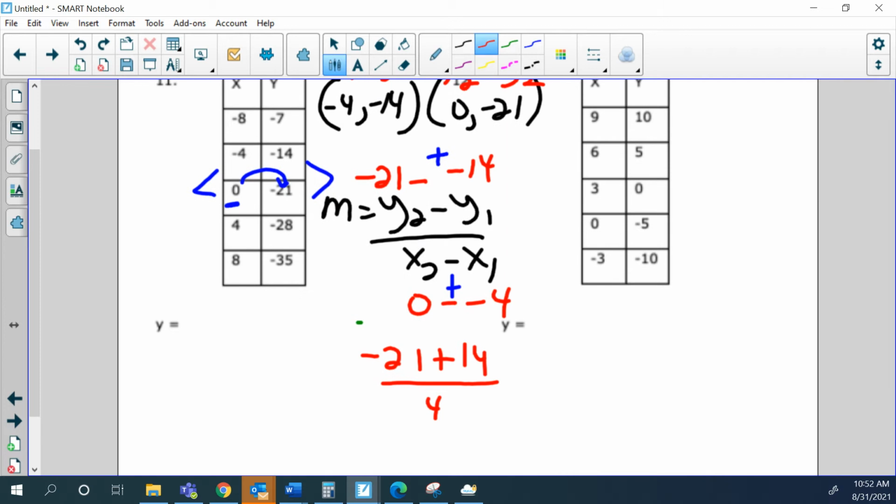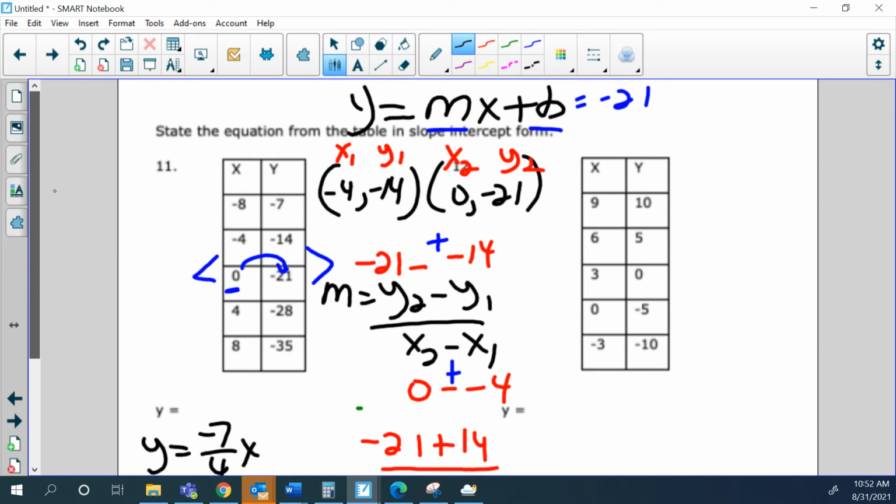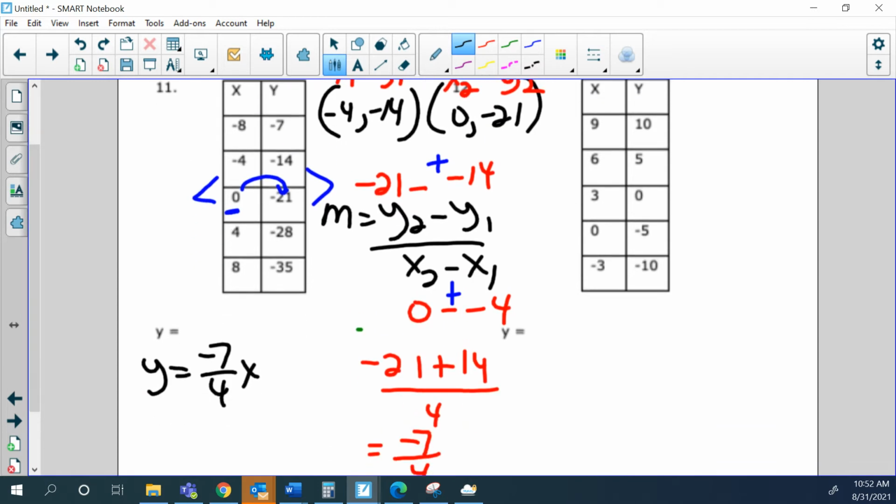Oh, yes. That's going to be -7 over 4. So that's my slope. So my equation now is y is equal to -7 over 4x, and my y-intercept is -21.